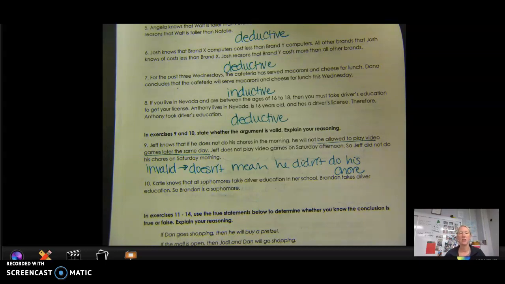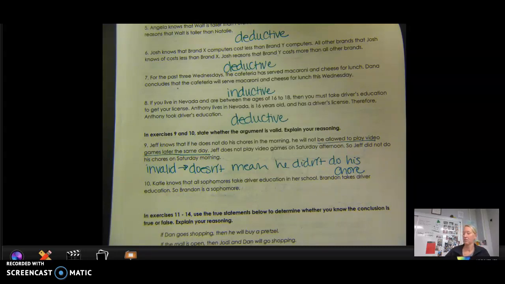Katie knows that all sophomores take driver's education in her school. Brandon takes driver's education, so Brandon is a sophomore. So that one, Katie knows that if you are a sophomore, then you take driver's education. Brandon takes driver's education, so Brandon is a sophomore.